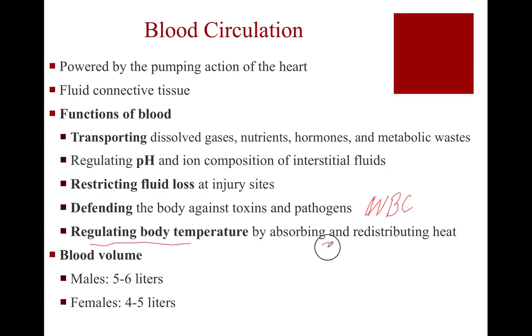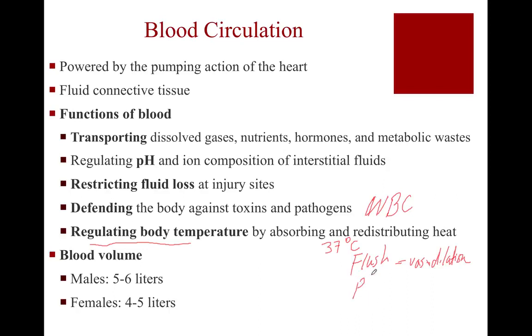Body temperature we discussed is maintained at 34 degrees centigrade. And if you guys remember back, the homeostasis of your body temperature was when you're hot, you basically flush because of vasodilation.